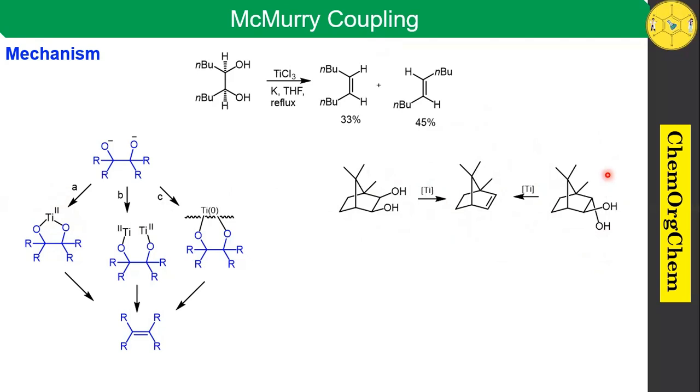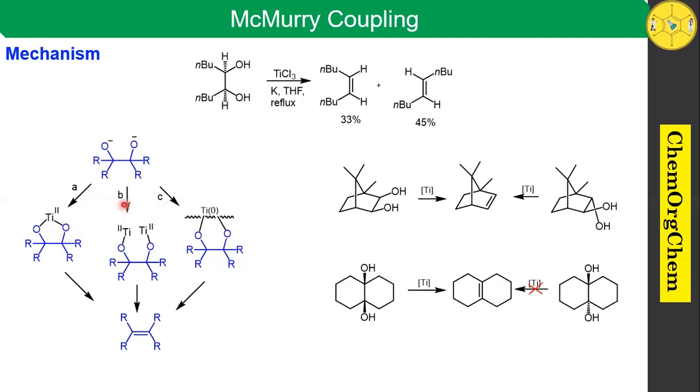However, both reactions proceed at an equal rate. So this clearly ruled out the involvement of pathway A. And similarly, another experiment clearly ruled out pathway B.